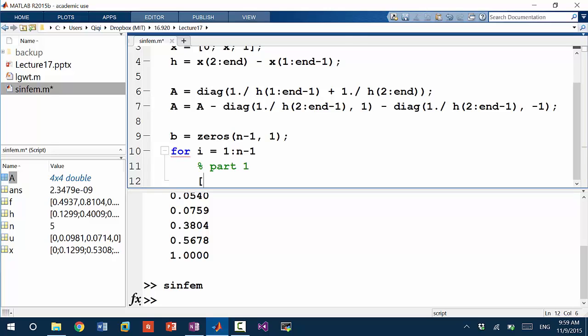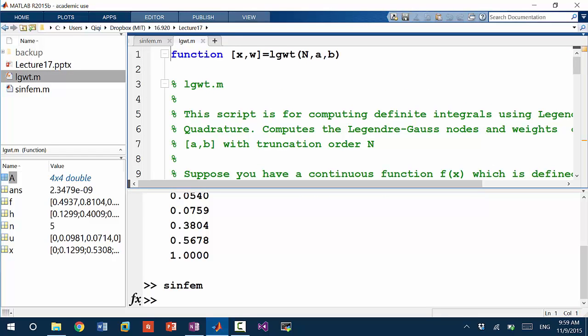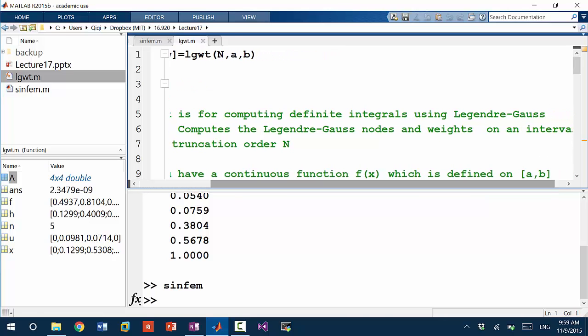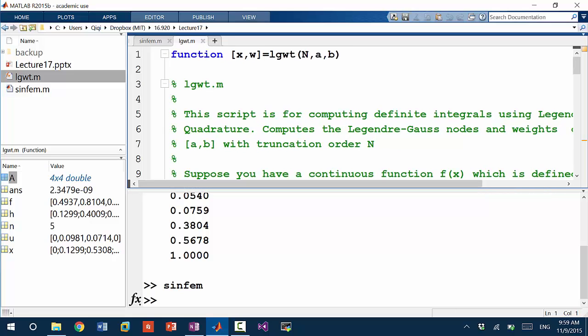The Gauss quadrature weights of part 1: x Gauss, w Gauss is equal to LGWT. That's the function we used last time. It's called Legendre Gauss quadrature. It's basically a Gauss quadrature for integrating an unweighted function, so integration of just a function.